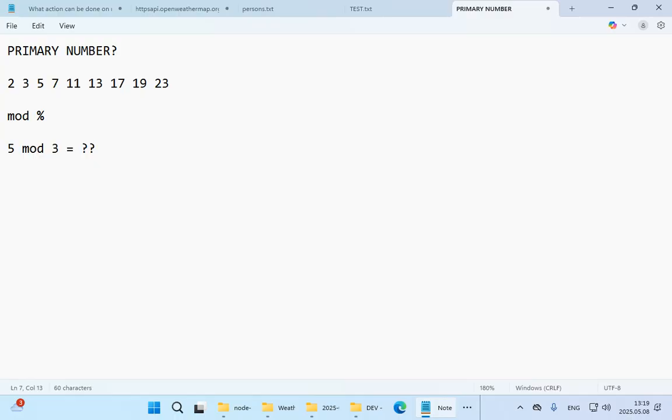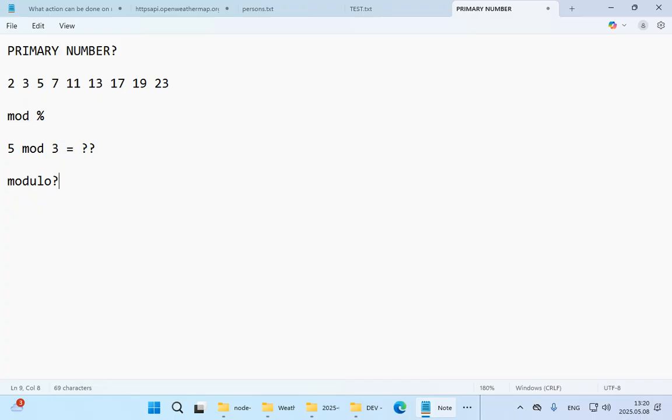Mod comes from modulo. Do you know what a modulo is? That gives a remainder, maybe? It gives a remainder.